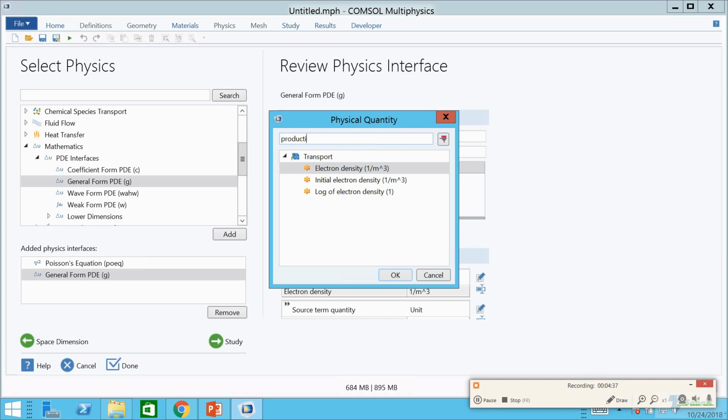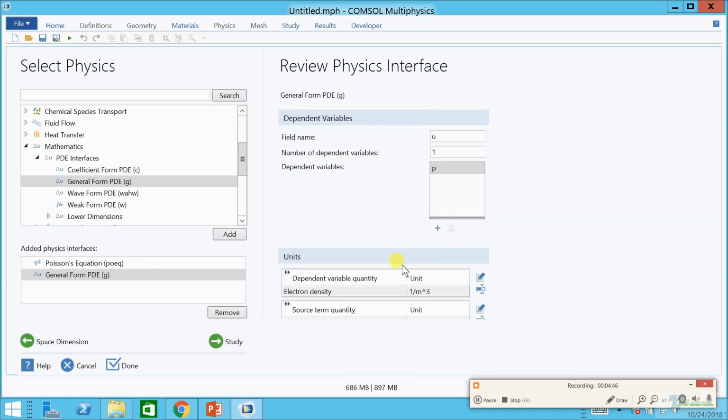We consider there is no generation recombination, so the source term will be 0, and another one is for the n type.